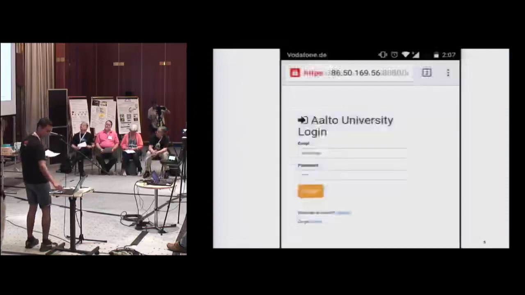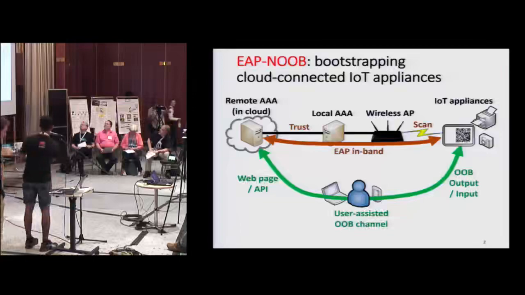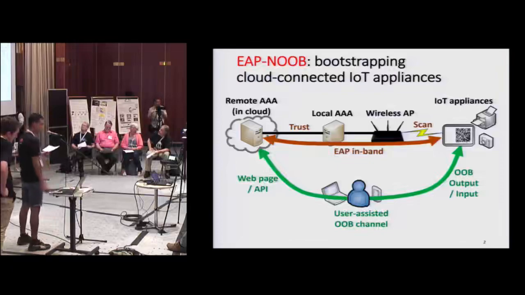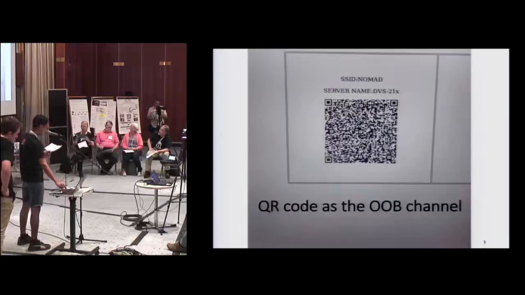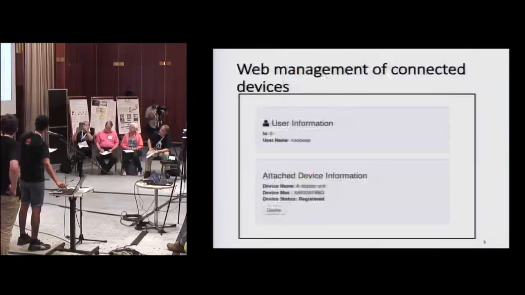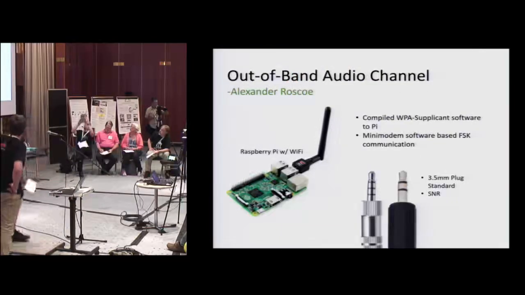So if I go back, here you see a local AAA and a remote AAA in the cloud, so getting that to proxy properly. And yeah, QR code was one example. We also tried to get it working with audio, and I guess Alex will talk about it.